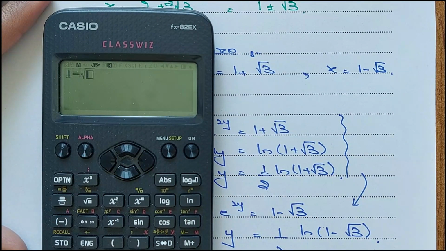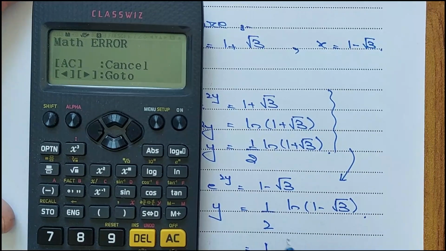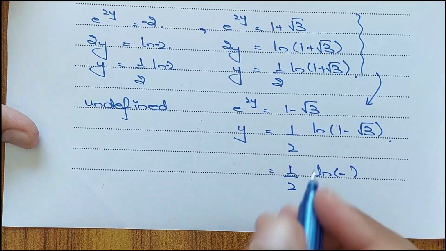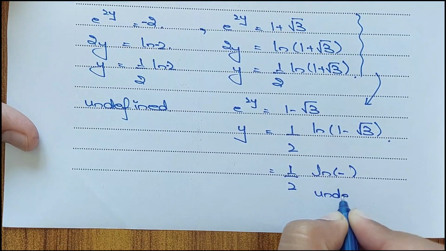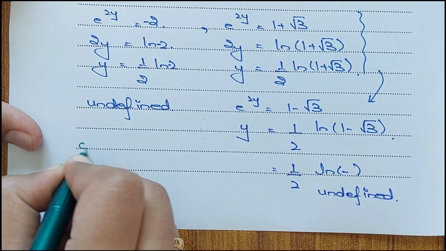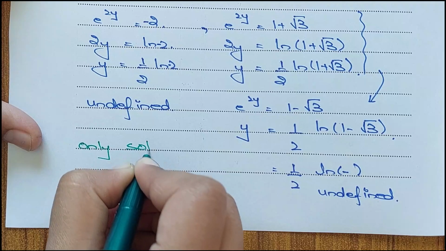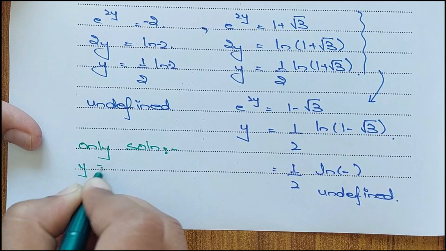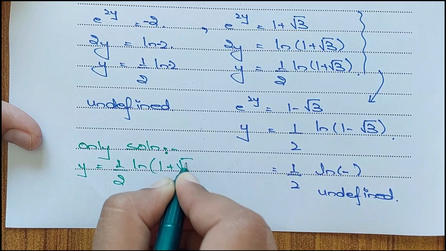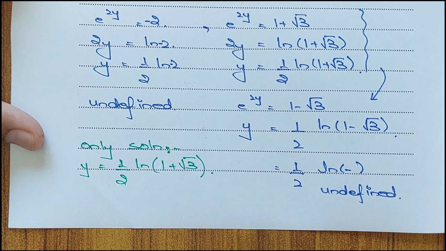It is negative again, so ln of negative is undefined, so we have undefined here, right? So there is only one solution. Only solution is y equals to 1 by 2 natural log of 1 plus square root of 3, right?